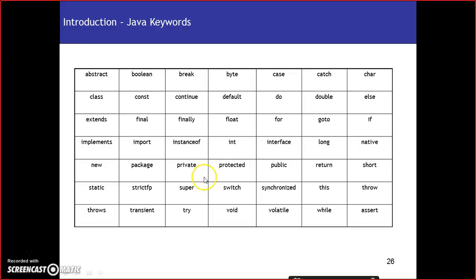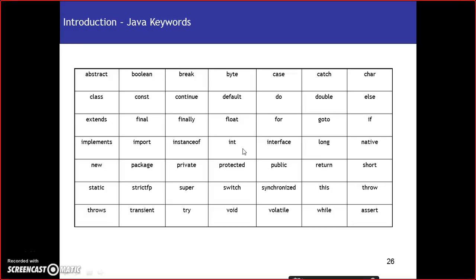So these are the Java keywords. These are the predefined keywords which are available in Java. These keywords we cannot use as variable names. So you cannot say int boolean equal to 1. That we need to remember.